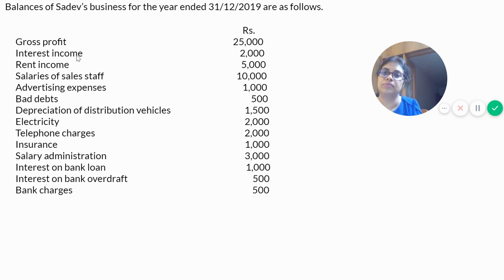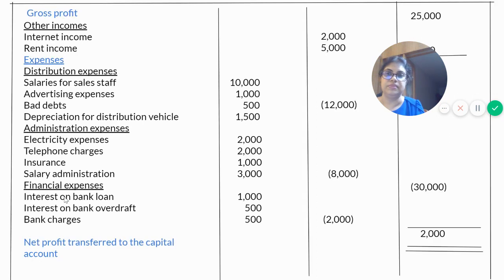Interest income 2,000, rent income 5,000, salaries of sales staff 10,000, which is going to be an expense, advertising expenses of 1,000, bad debts 500, depreciation of distribution vehicles 1,500, electricity expense 2,000, telephone charges 2,000, insurance another 1,000, salary administration 3,000, interest on bank loan 1,000, interest on bank overdraft 500, and bank charges of 500 rupees.